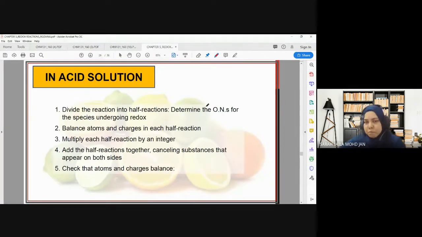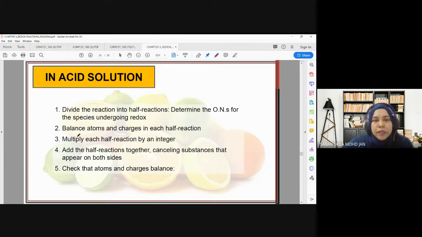Okay, so you boleh tengok the first step is divide into two half reaction. And then kita identify who is undergo reduction, who undergo oxidation by looking at the oxidation number, ataupun you boleh look at the loss of oxygen or loss of hydrogen, which one yang lebih obvious lah untuk kita identify.